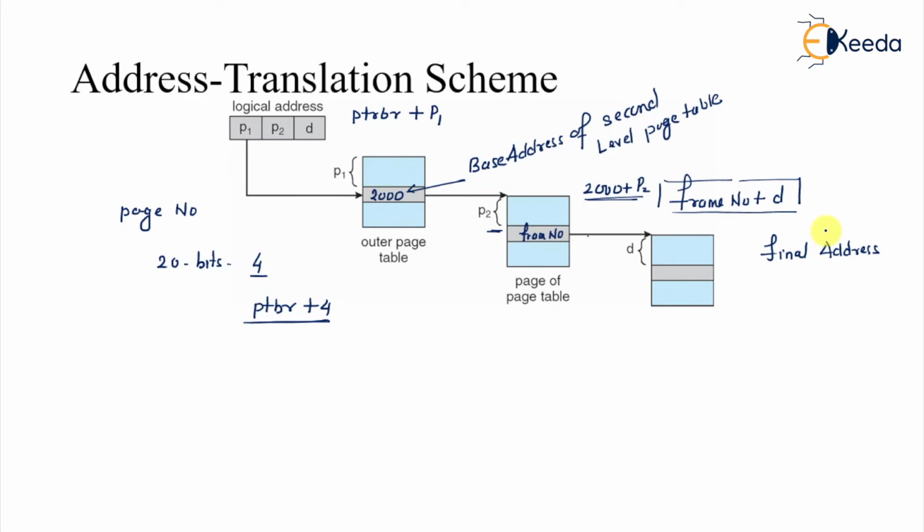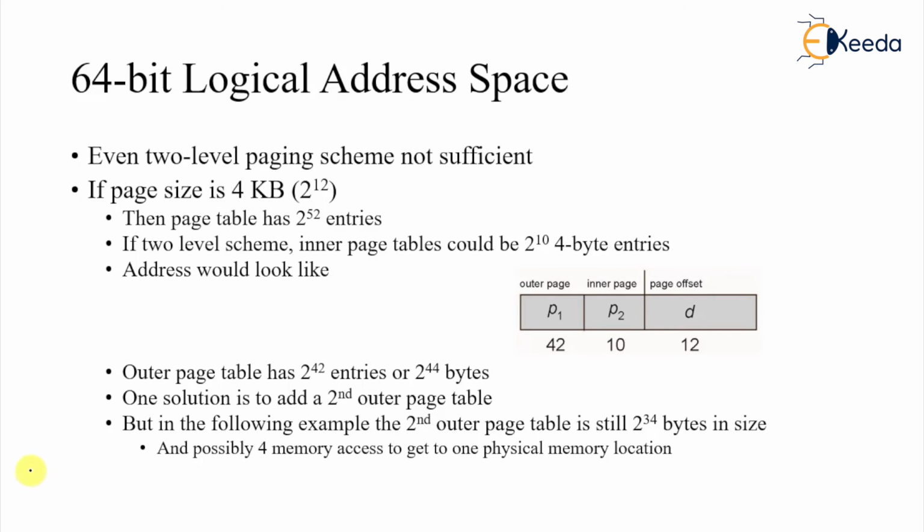So this is my address translation scheme. Let's have a 64-bit logical address space. Page size is 2 to the power 12 bytes, so 12 bits are used and we are left with 52 bits, which can be further divided into 42 bits and 10 bits, outer page table and inner page table.